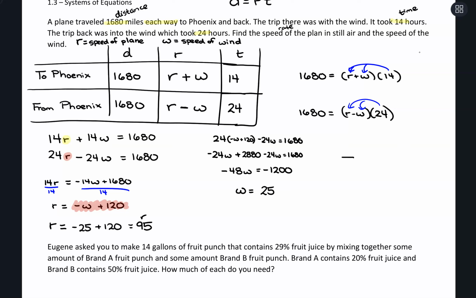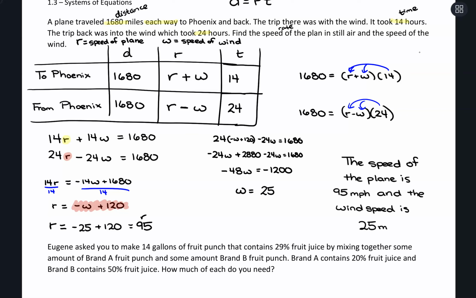So the speed of the plane is 95 miles per hour, and the wind speed is 25 miles per hour.